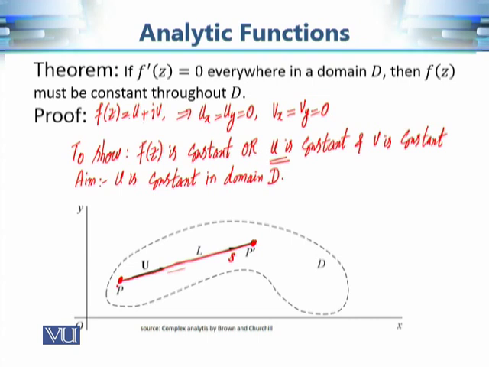I want to find the derivative of u in some certain direction. Without any direction, the derivative in this case does not make any sense. So let u be that direction, such that when we move from P in the direction u, we reach point P prime. So this is the line segment L.